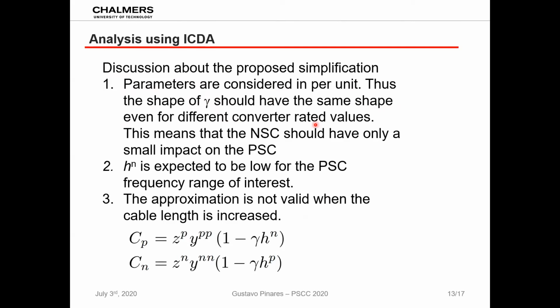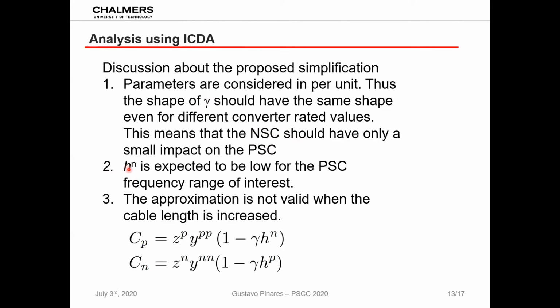Gamma would change if, for example, we change the speed of the converters. And actually, this term gamma is the one that mostly decides whether the negative sequence channels will have a strong impact, a strong influence in the positive sequence channel.